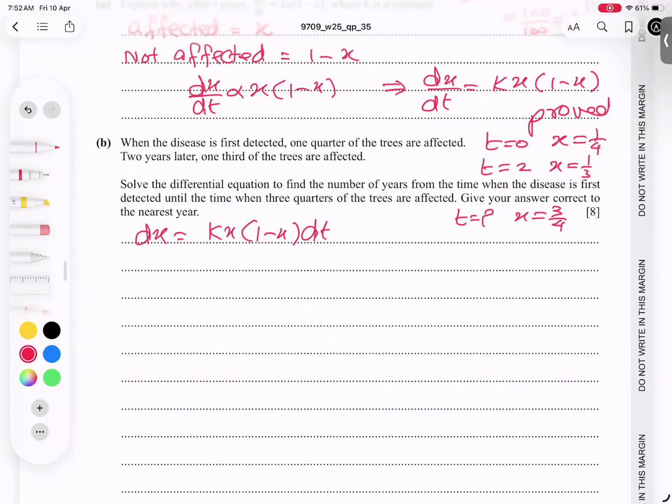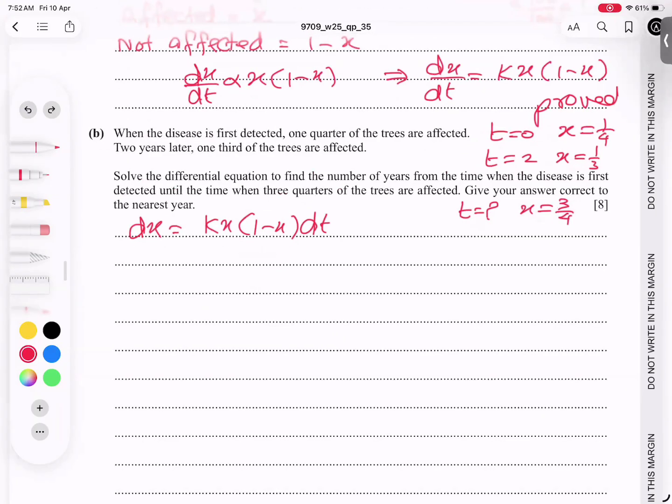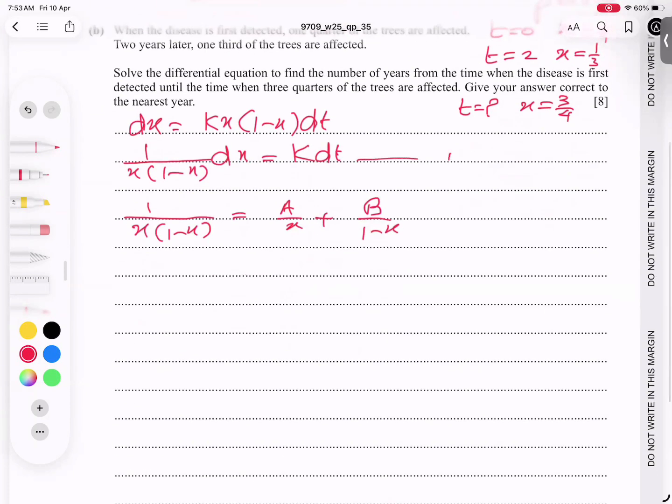So I bring both x values down and make a separation of variables, K dt. Okay. Now, first of all, I will do partial fractions. So 1 over x times 1 minus x equals a over x plus b over 1 minus x. I call this equation number 1.